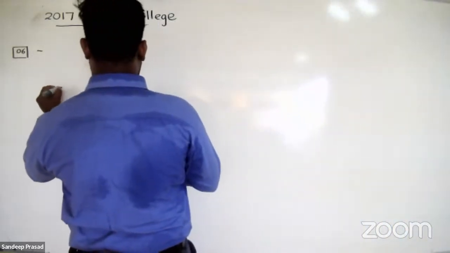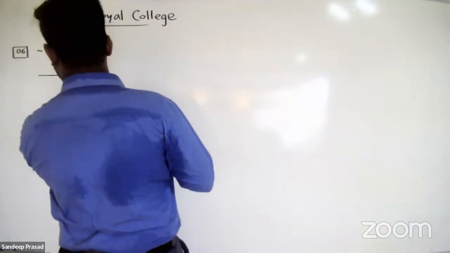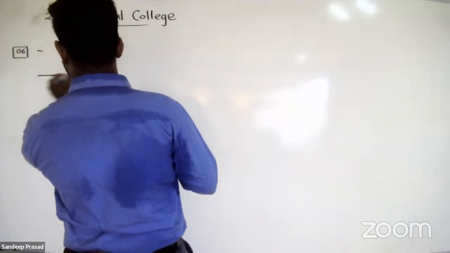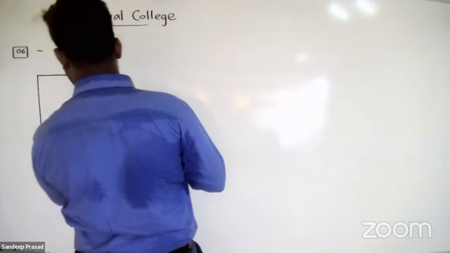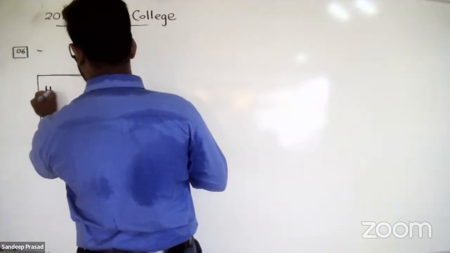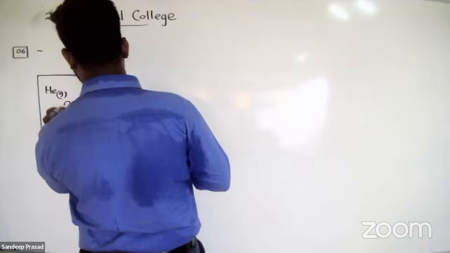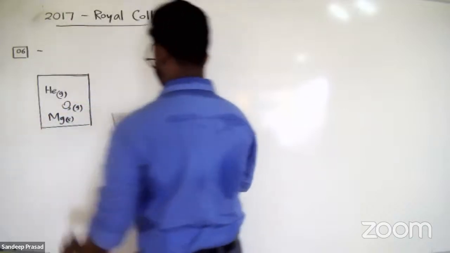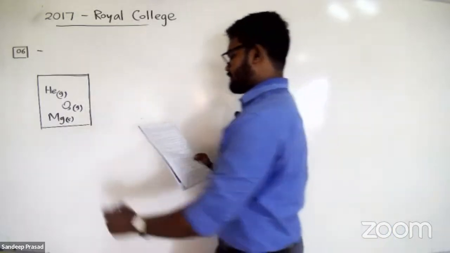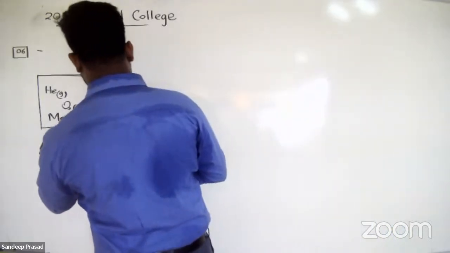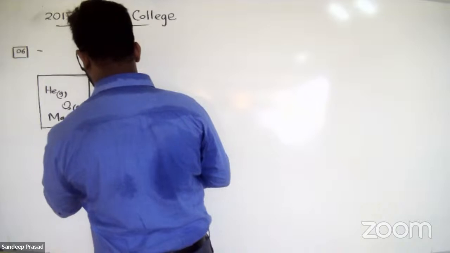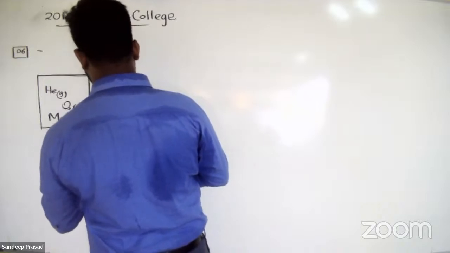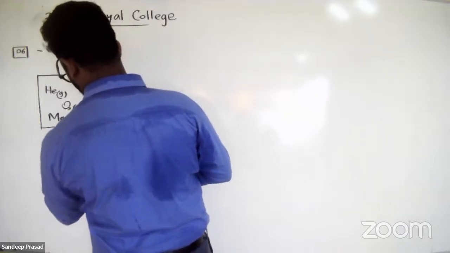So they have given that there are 3 components in a container: helium gas, oxygen gas, and magnesium solid. These are placed in a 4.157 cubic decimeter container at a temperature of 300 Kelvin.